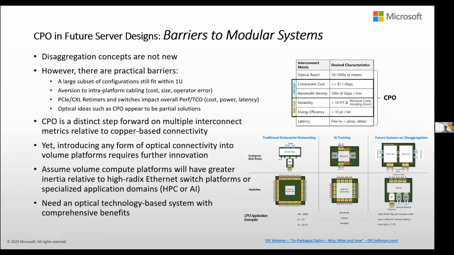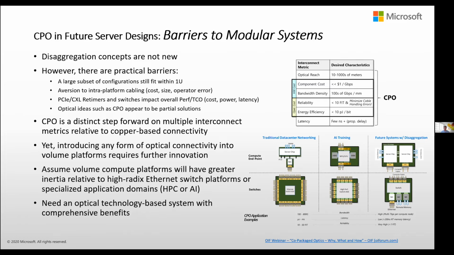It requires further innovation. And it's particularly because these are volume compute platforms. Again, this is not Ethernet switch platforms. These are not specialized applications such as HPC or AI. These are volume platforms. So that's sort of the ultimate challenge. How do you get these technologies into volume platforms and make it all work?